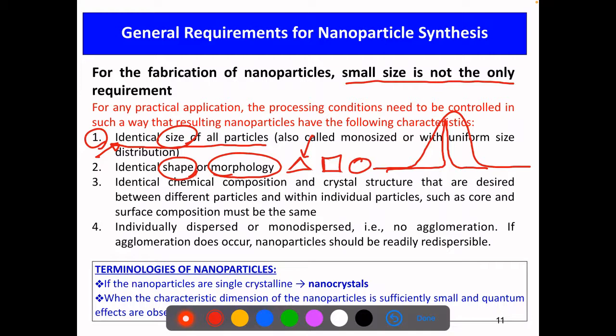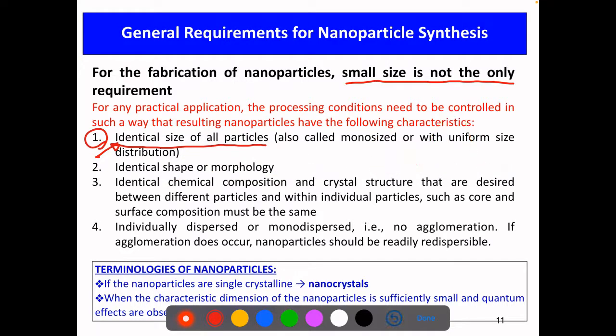If you are working in the catalysis area, for example, it will change your catalysis results. The triangles will give a different result than a square, than a circle, and the sizes will also change everything. Okay, let's clear this place up.